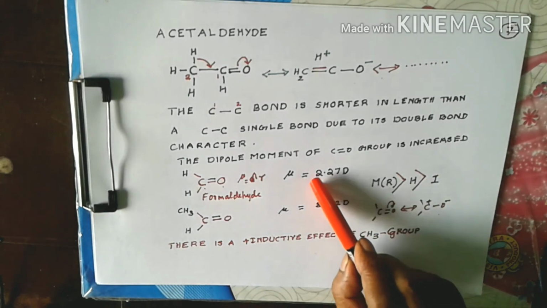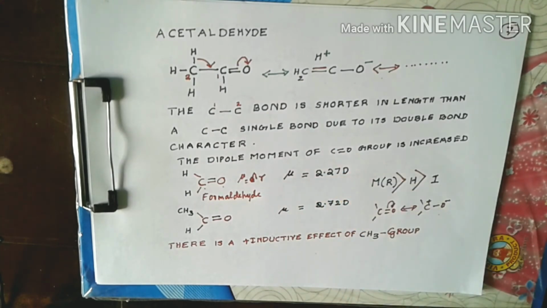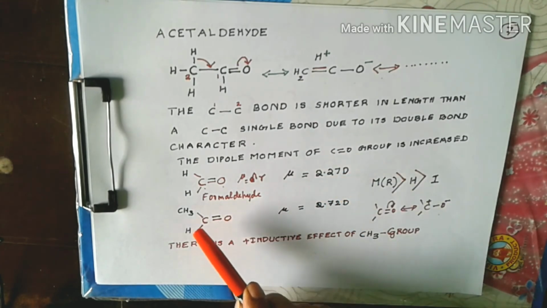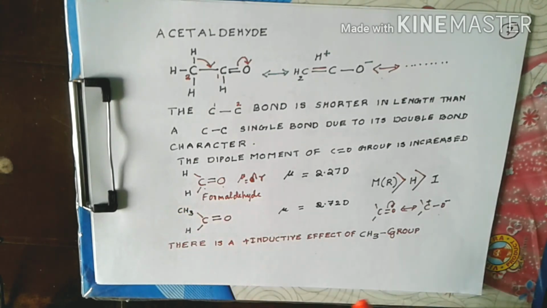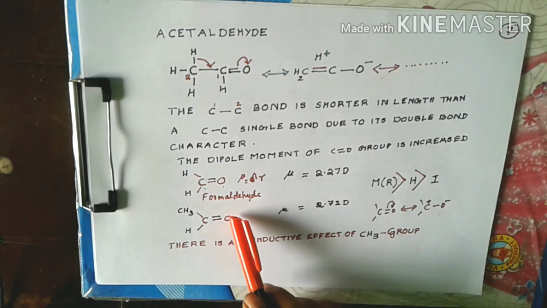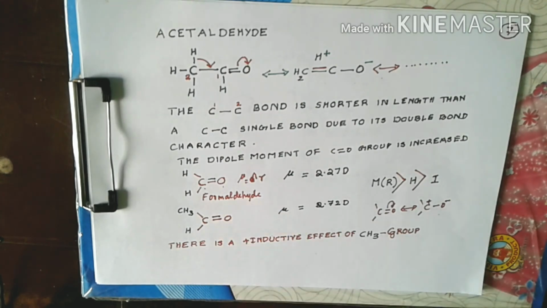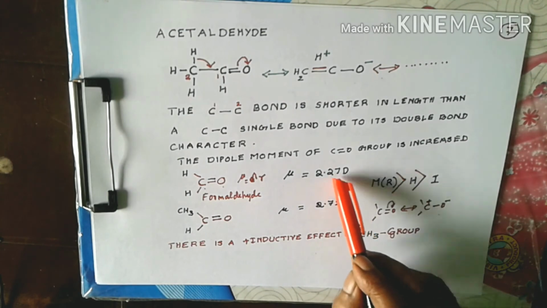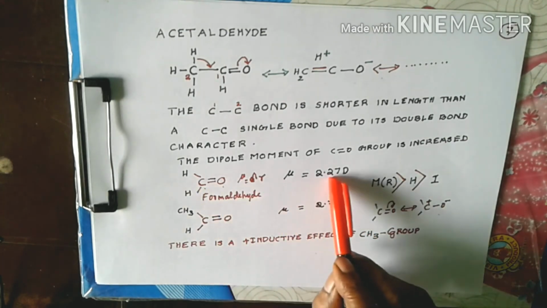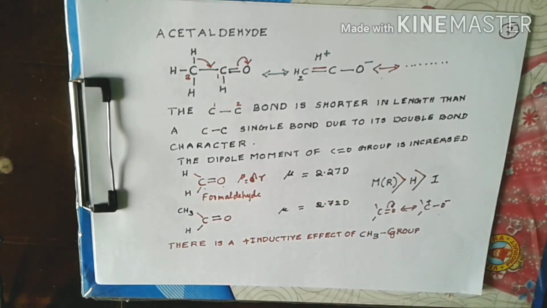The dipole moment is 2.27 debye, whereas in the case of acetaldehyde, where there is hyperconjugation from the methyl group and also a slight inductive effect, that is less important, mainly due to hyperconjugation, the partial negative charge over the oxygen atom is increased, so that delta is increased, and we get a dipole moment value of 2.72 debye, which is higher than that for formaldehyde, where there is no hyperconjugation.